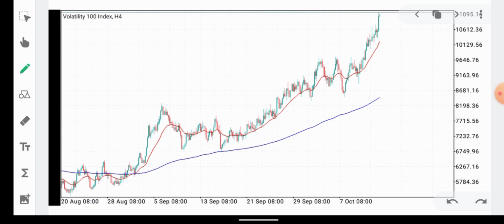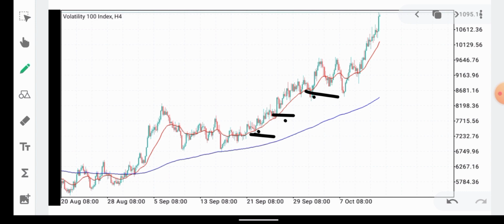We'll wait for the touches on the exponential moving average 21, and when there's a touch on this red moving average, we tend to take our buy. In the last video I added one more moving average to know when to buy and when not to buy.